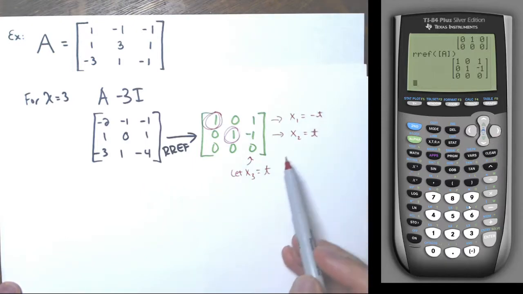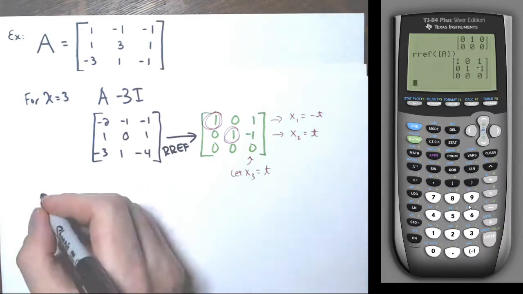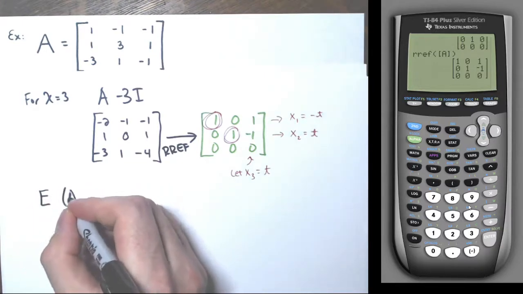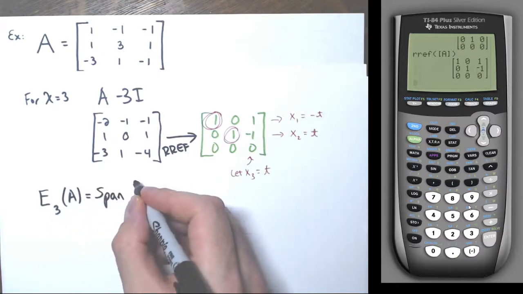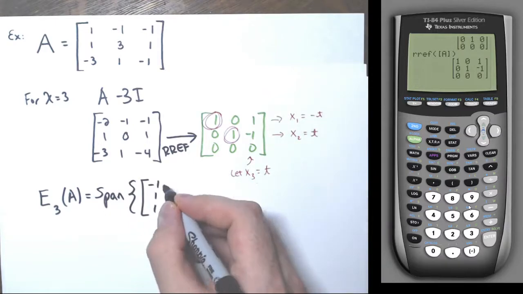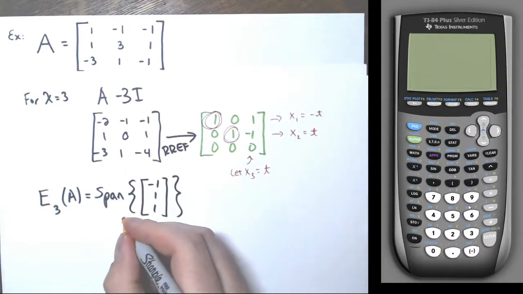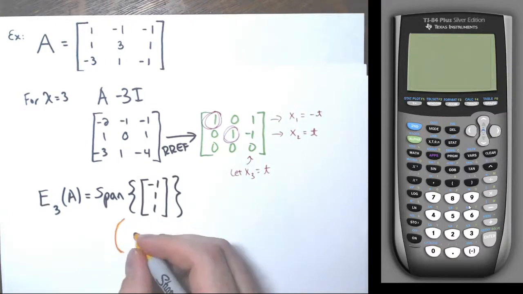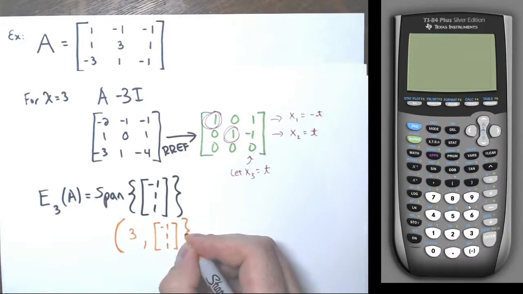So negative 1, 1, 1 is a basis vector that I'll use from the eigenspace. The eigenspace of A corresponding to lambda equals 3 is the span of the set with the vector negative 1, 1, 1. So the third eigenpair and that third independent eigenvector we're using is 3 and then negative 1, 1, 1.